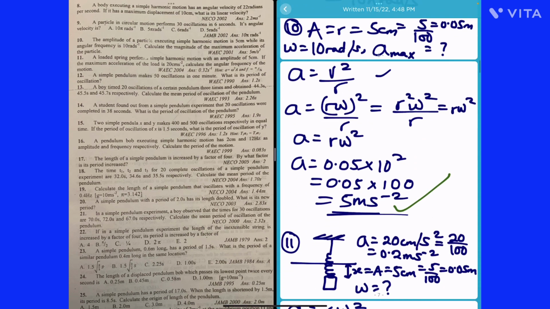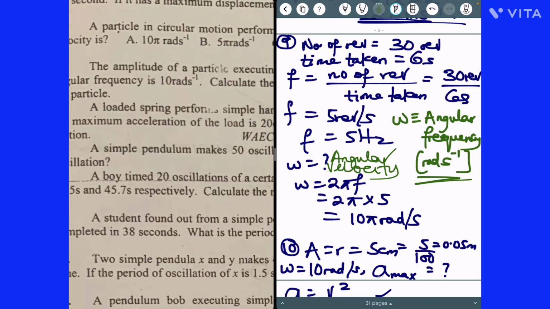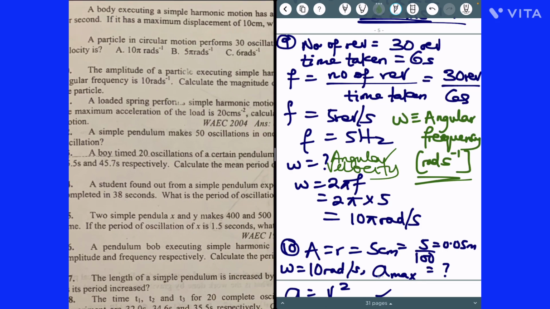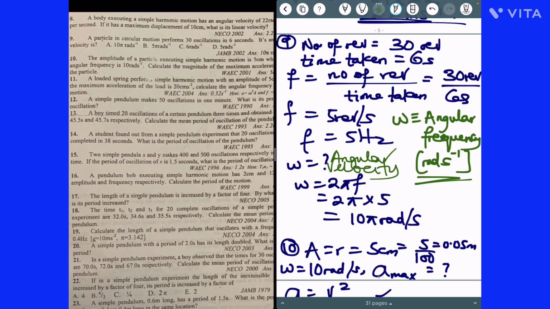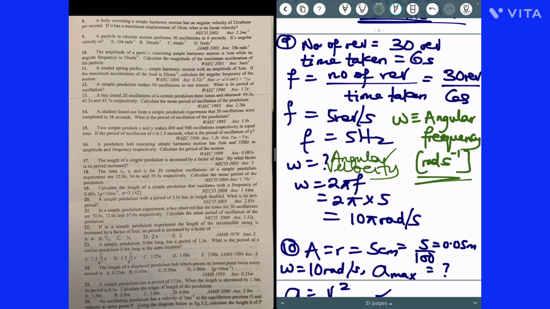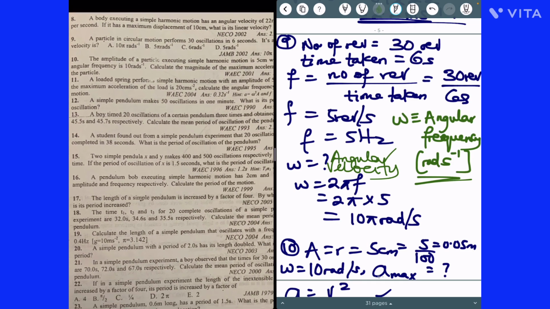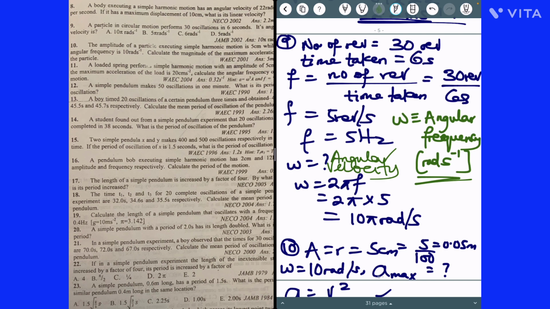Question 10 says, the amplitude of a particle executing simple harmonic motion is 5 centimeters, while its angular frequency is 10 radians per second. In this case, the angular frequency stands for the angular velocity.